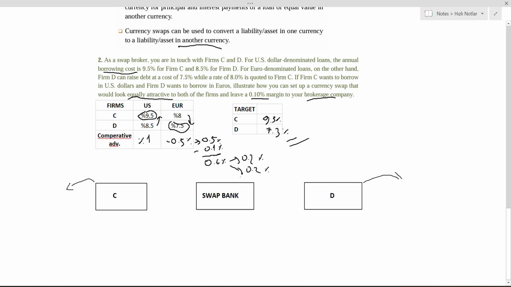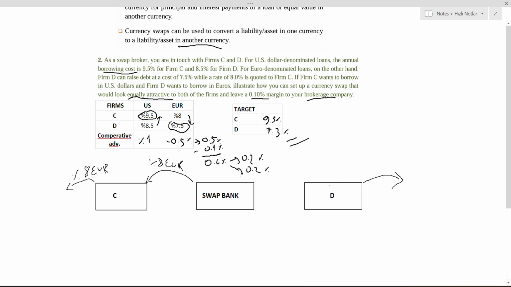Okay, so firm C wants the 9.5% US dollar, but we will offer 8% euro for firm C. So how can firm C find this 8% euro from us, from the swap bank? Then I offer from this arrow 8% euro.